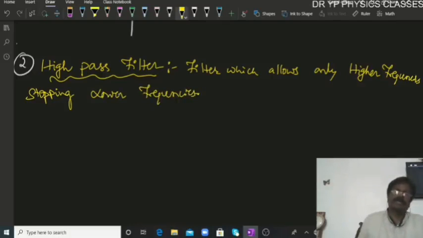In the previous case, the low pass filter allows only lower frequencies and stops all the higher frequencies. But in this case, it allows only higher frequencies, and it stops lower frequency signals.